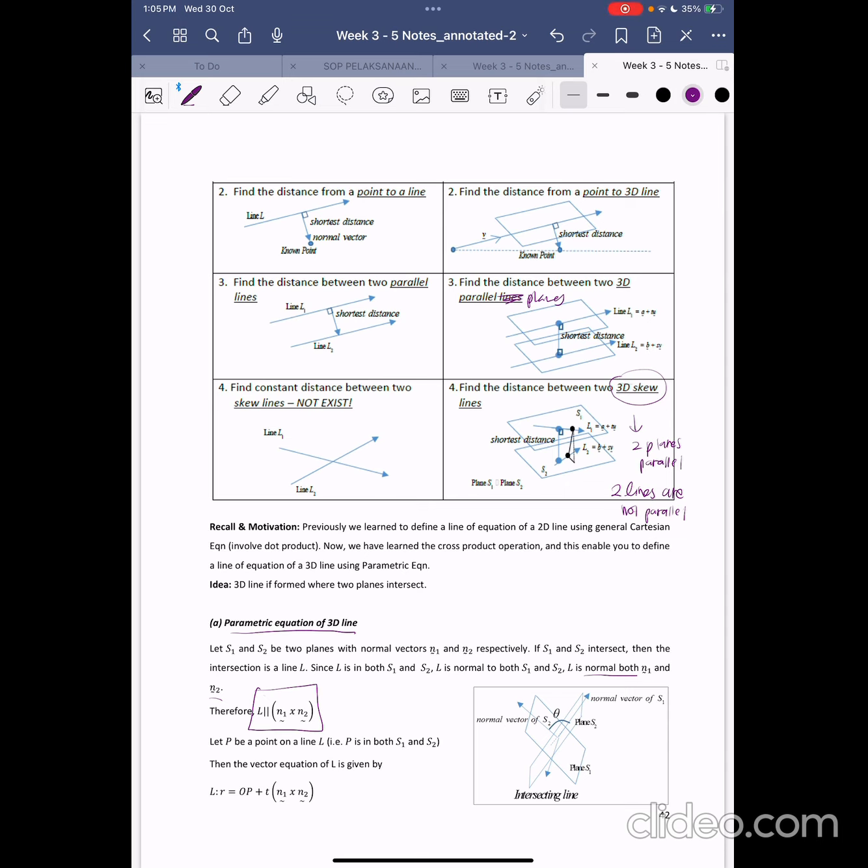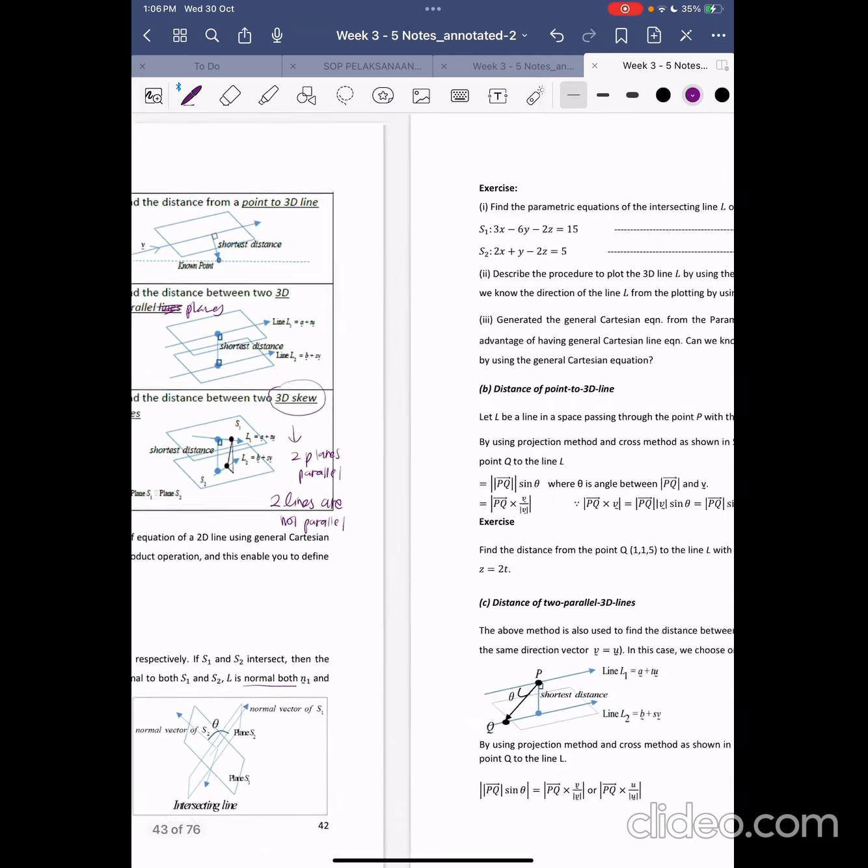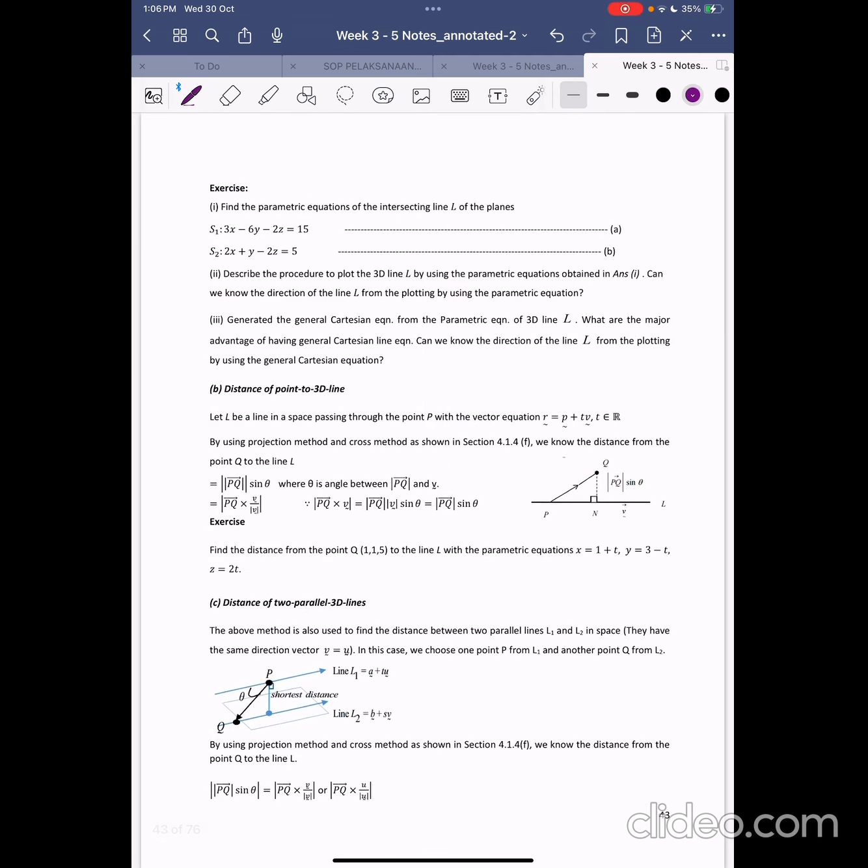Let P be any point on the line and the vector equation of that L is given by vector OP plus T n1 cross n2. Okay, so let's look at this example. Find the parametric equation of the intersecting line of the plane S1, 3x minus 6y minus 2z equals 50, and another plane, 2x plus y minus 2z equals 5.